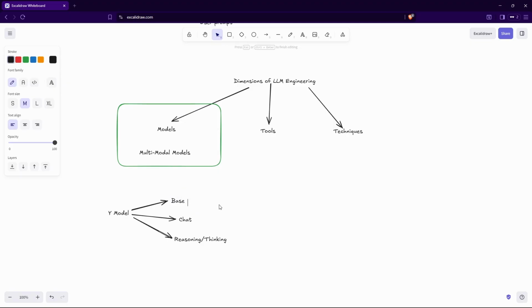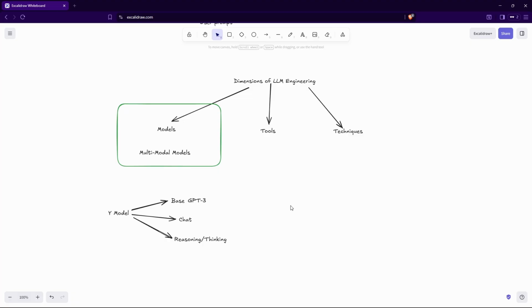GPT-3 was on this base category. As I said before, you have a sequence of information as an input, and then the model tries to predict the most likely next sequence of characters. Then people started to use this base model as a Q&A type of thing.